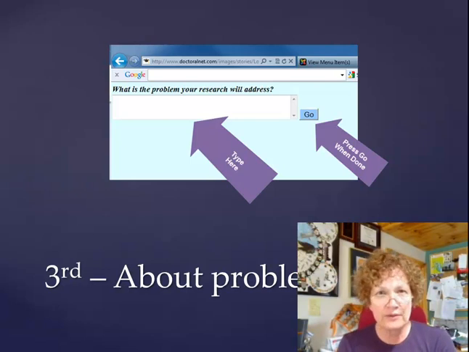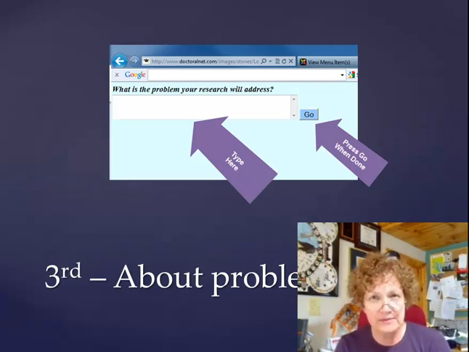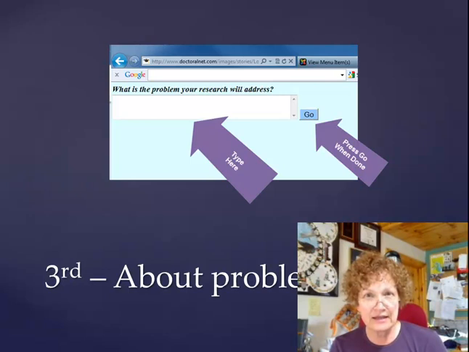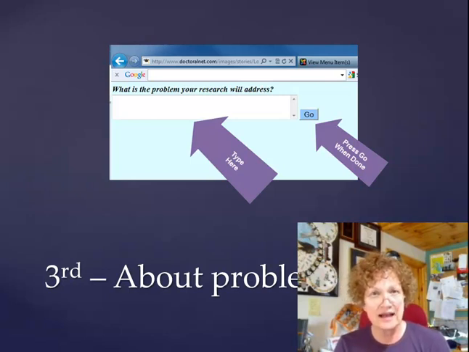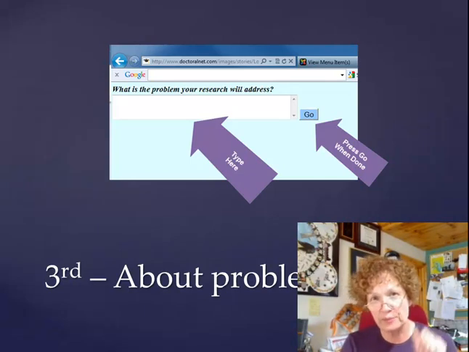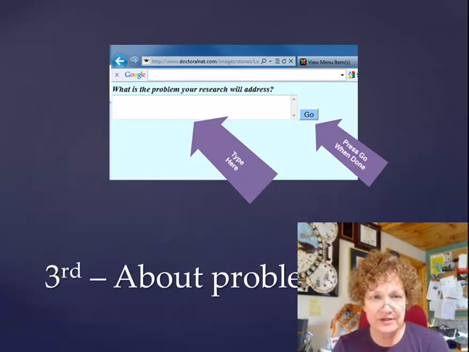And if you want to read more about problem statements, I would suggest you go to Creswell 2009 and his discussion of them in his research design book. But for me, the difference in a well-written, easy-to-follow dissertation and one that is not is when the author has clearly decided what the problem is that they are trying to address.